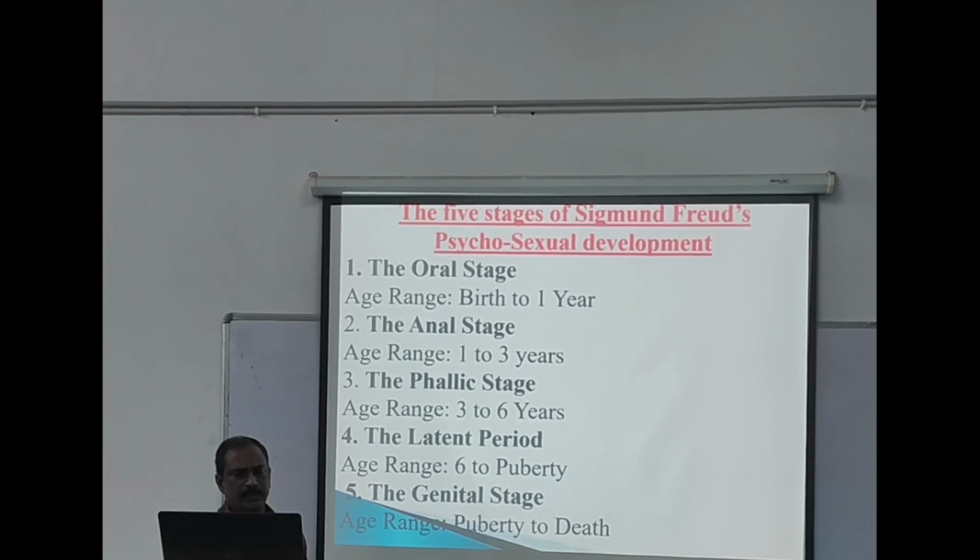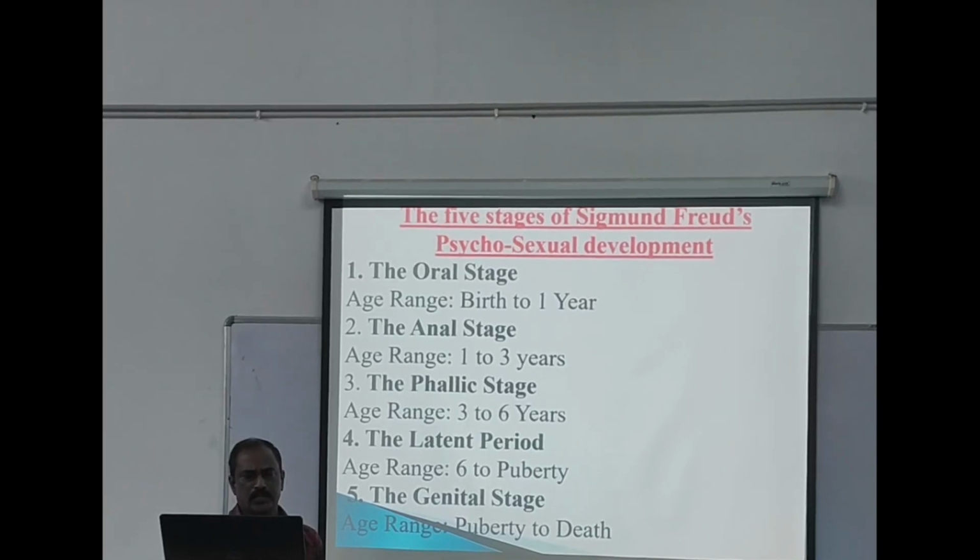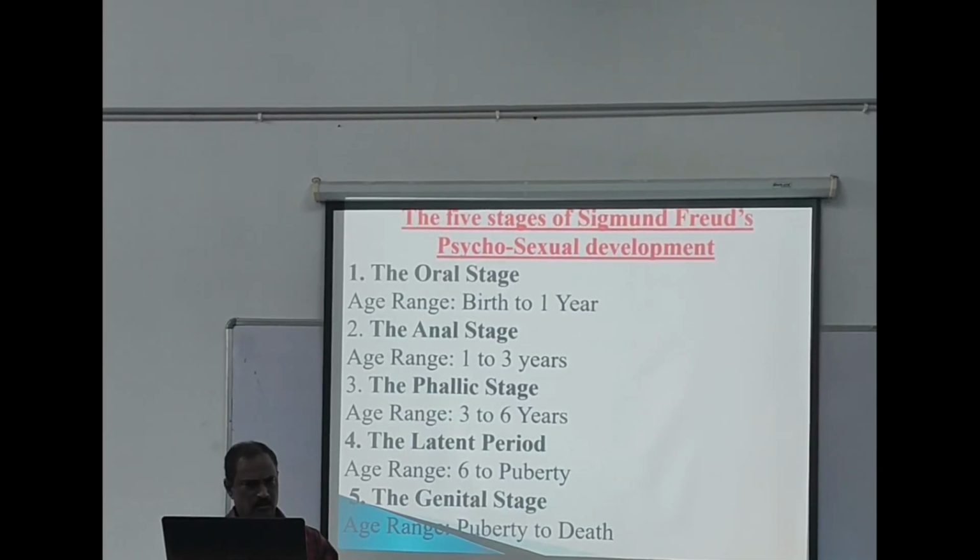The fourth stage is the latent period, age range 6 to puberty. And the fifth and last stage, the genital stage, age range puberty to death. So these are the 5 important stages of Sigmund Freud's psychosexual development.